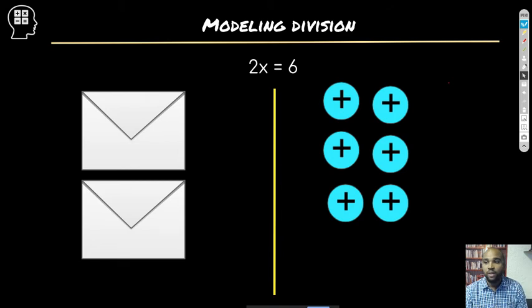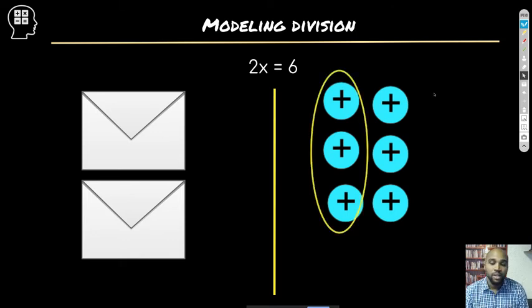In order to solve that using the division property of equality, we want to divide the left side into 2 so we can separate it into individual envelopes, because I want to know the value of 1 envelope. And I divide the right side into 2 as well. So there's one way I can divide it into these 2 groups.